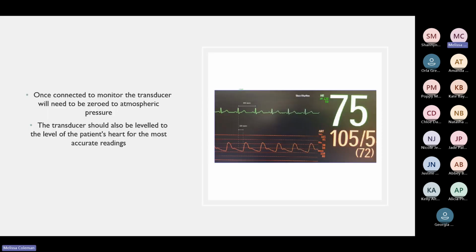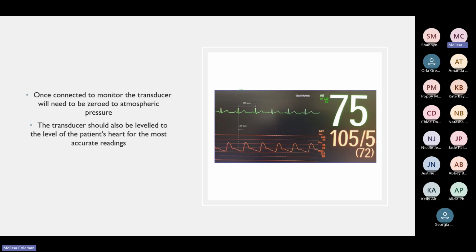So this is what one of the waveforms looks like. But before starting to measure, we do have to zero this transducer to make sure that we're getting the correct numbers. So it needs to be zeroed to atmospheric pressure. We place the transducer at the level of the patient's right atrium as best that we can.